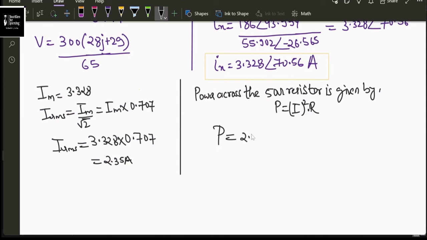Putting the value of I and R, we get 276.806 watt. So the power consumed by the 50 ohm resistor is 276.806. Let's highlight it.